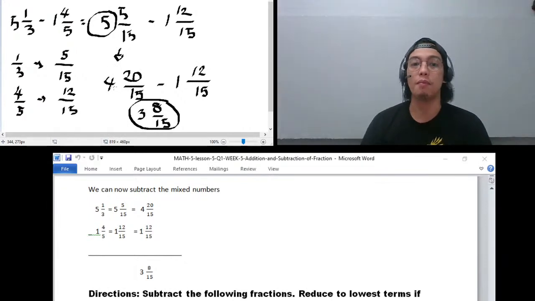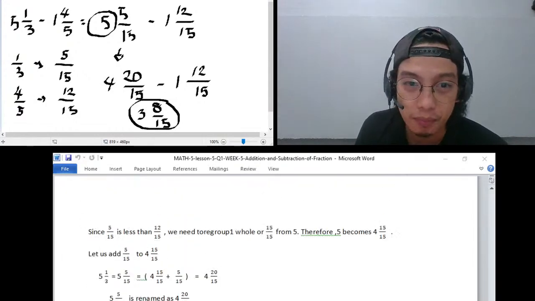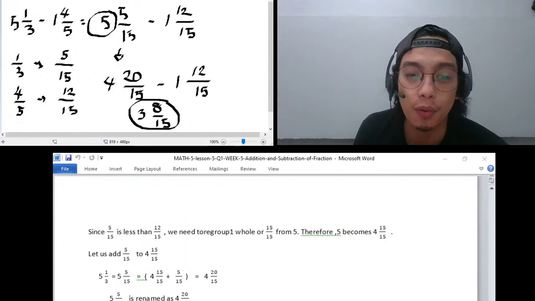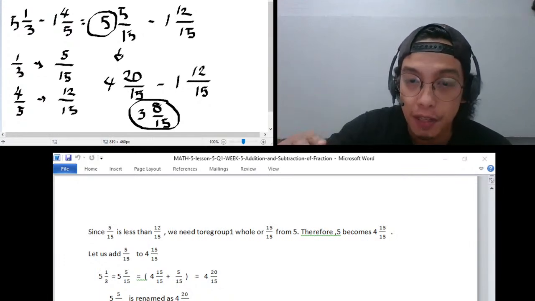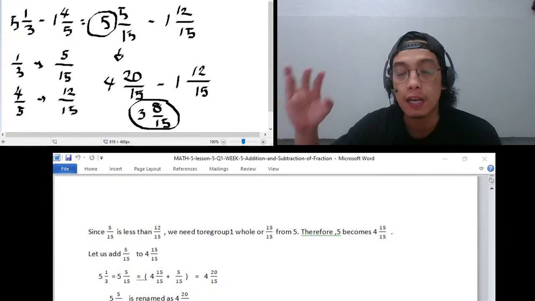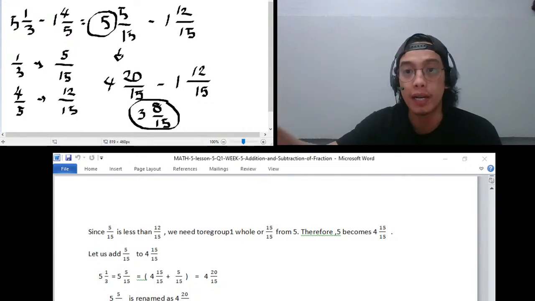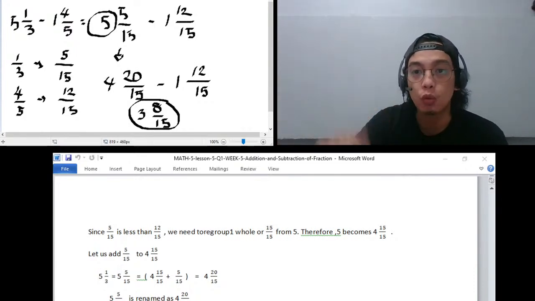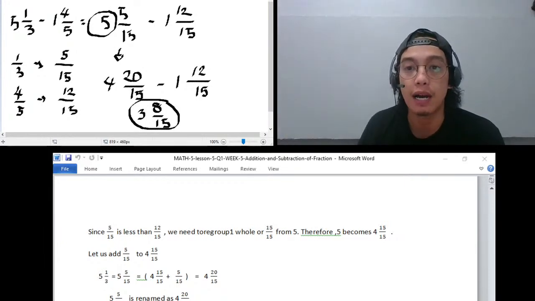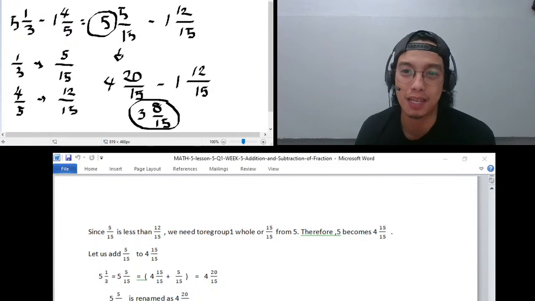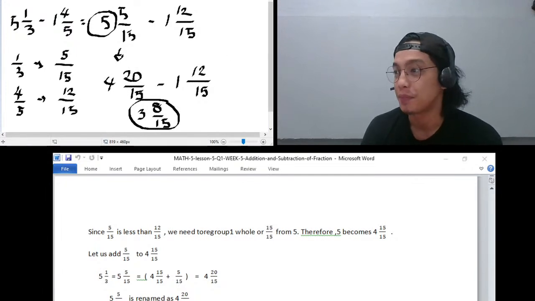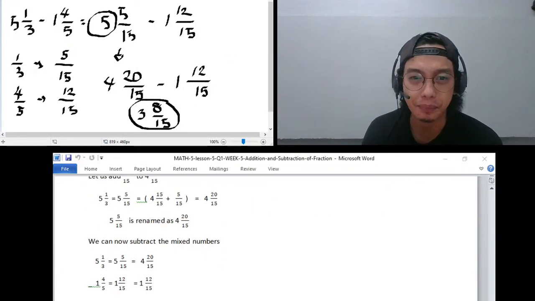So that's what they mean by we need to regroup one whole or 15 over 15 from 5. So mahimo siya og ang 5 makuhaan og 1, so mahimo siya 4. Idugang nato sa iyahang fraction as a whole, 15 over 15 plus 5 over 15, mo siya 20 over 15 para ma-minus nato and get the answer. Okay, get it. Okay.